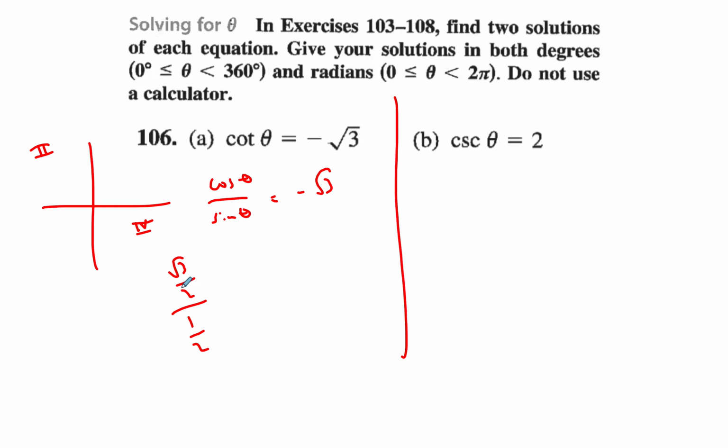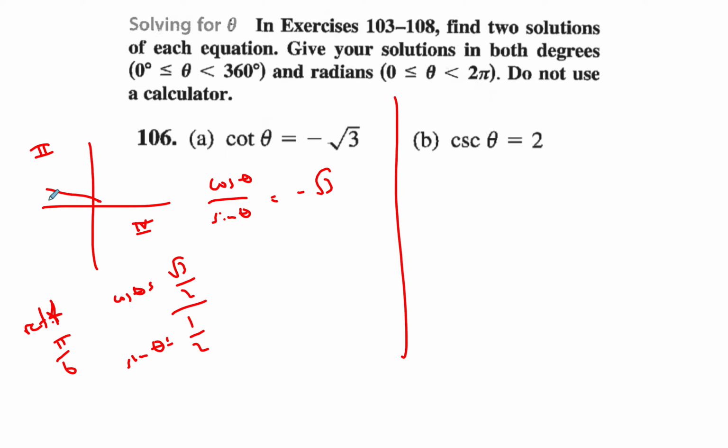So what angle has a cosine of that? That would have to be something related to pi over 6, right? So that means the cosine has got to equal that, and the sine has got to equal that. So it's going to be something that has a reference angle of pi over 6.